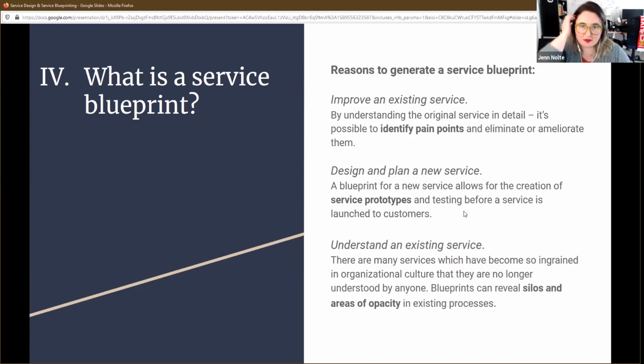Okay. So why would you do a service blueprint at all? Like, why would you do it? So you can generate a service blueprint in order to improve an existing service. By understanding the original service in detail, again, taking the pieces of that service apart and documenting them, it's possible to identify pain points and eliminate or ameliorate some of those pain points, or at least be aware of them, right?